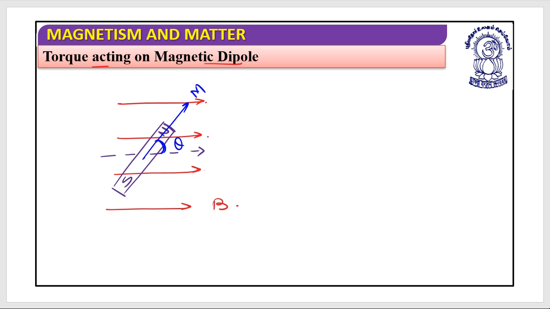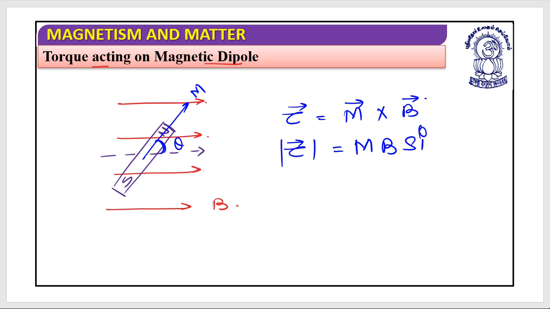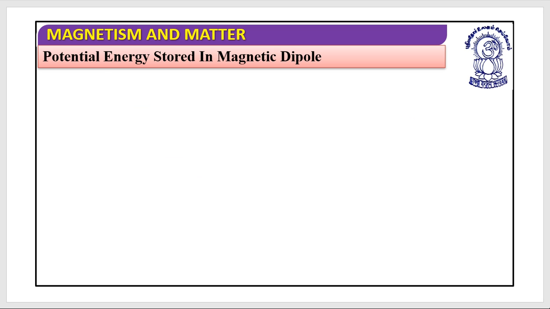So the torque would be equal to M cross B, and magnitude wise that can be written as torque equals to M B sine theta. I hope this is clear. Are you sure? Great.